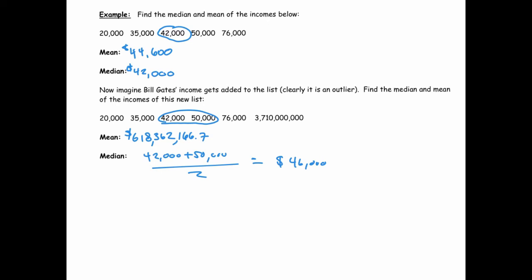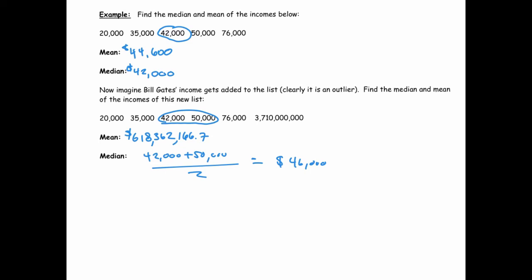So the question you want to ask yourself in a scenario like this is, are we really to believe that among these 6 people, let's say you don't know anything about them, they're in a room, and I walk out and say, well, the mean annual income for this group of 6 people is about $618 million. What does that tell you necessarily about those people in that room?